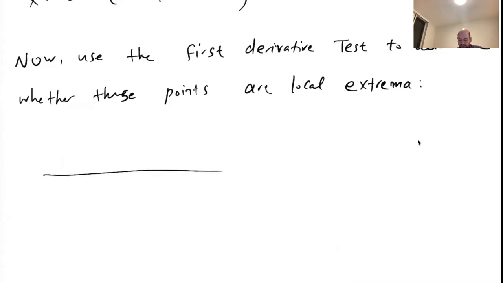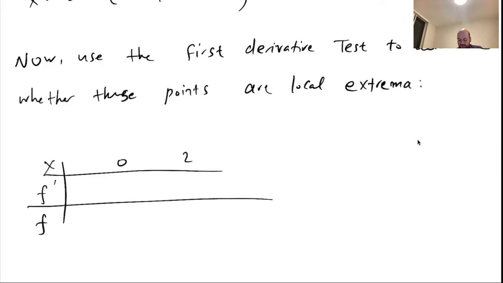So these are the x values, and then we have to write them in the order 0 and then 2, and then f prime here and then f here. So at 2 f prime is 0, at 0 f prime does not exist.